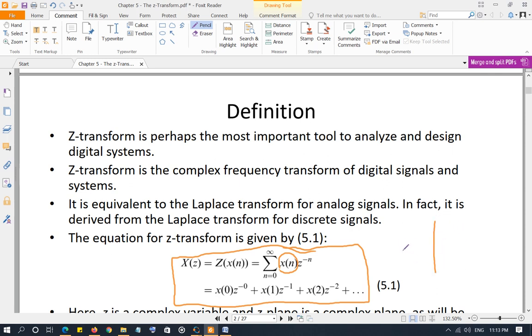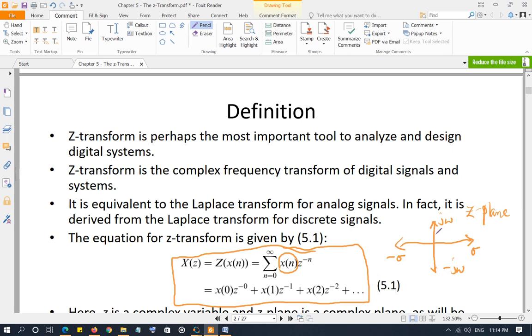We will see in the next chapter that your Z plane, this is the Z plane. Z plane is a complex plane like Laplace plane. On x-axis you have real numbers, negative real number, and on y-axis you have imaginary number, and on the negative y-axis negative imaginary number.